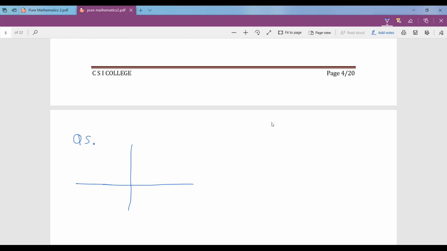The curve goes like this way around, so I think it's wrong. It's not an angled line, it's a vertical line, horizontal line, sorry. So a horizontal line somewhere like this.